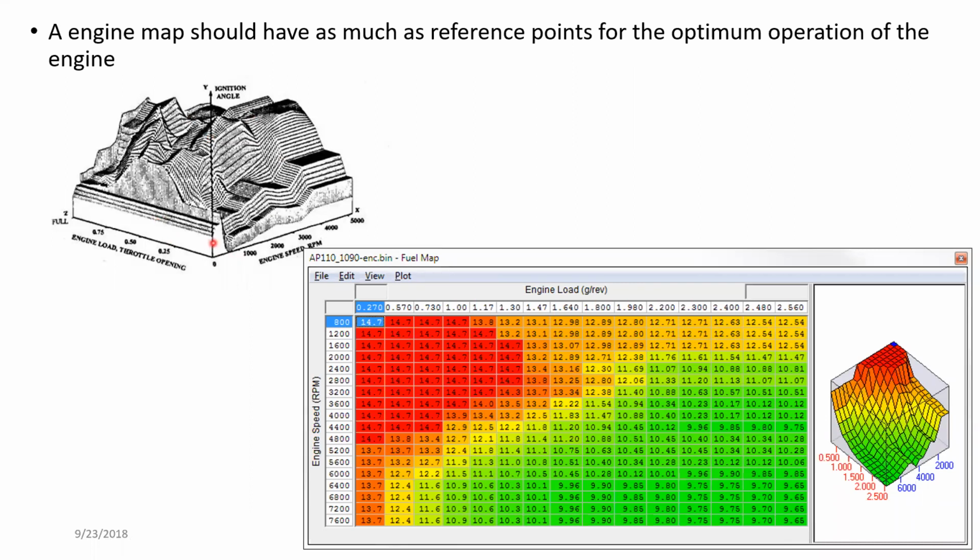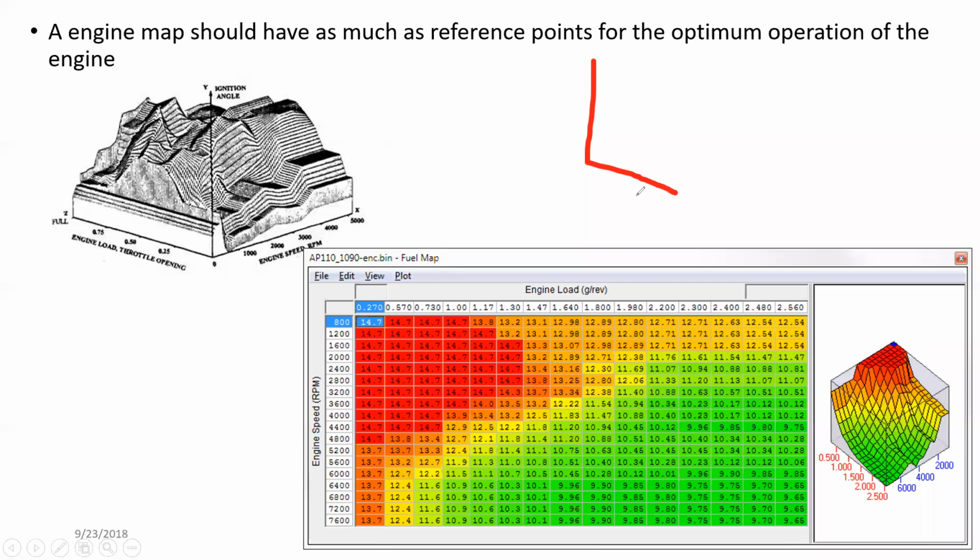The black and white one is an ignition map, showing where the ignition is going to be: engine speed, throttle opening and ignition angle. As I told you earlier, it's very simple, and it's explained later also.